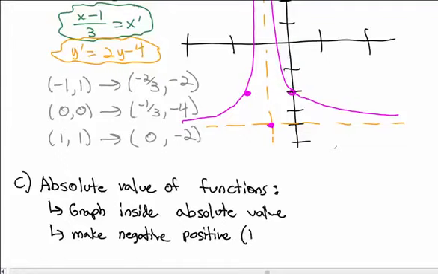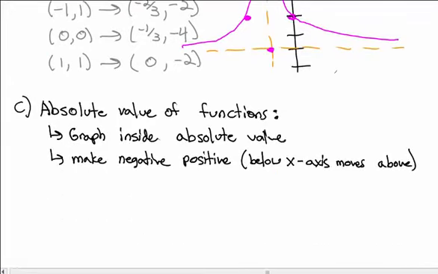And remember, that means anything that's below the x-axis moves above. That's taking the absolute value, making everything that's negative positive. Then we will graph whatever happens outside the absolute value.